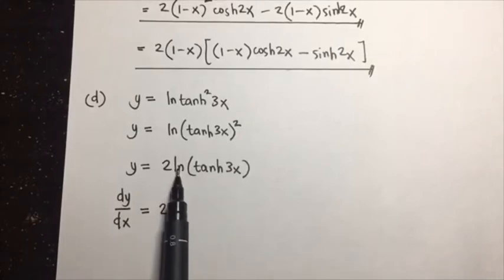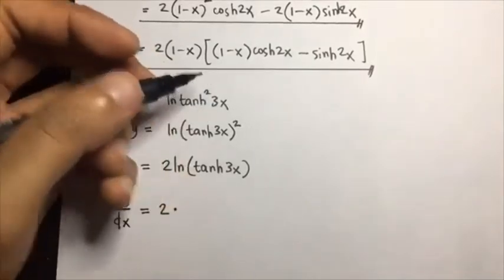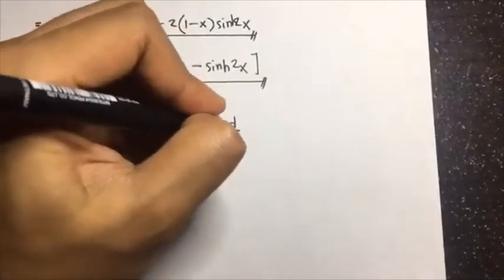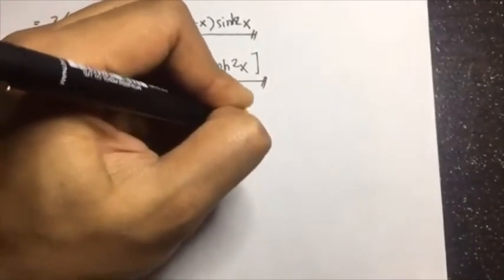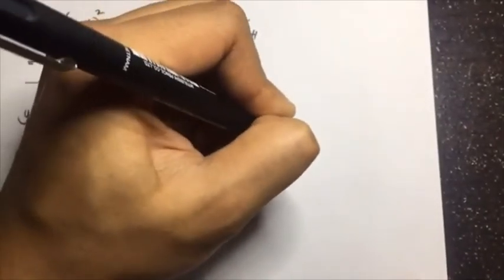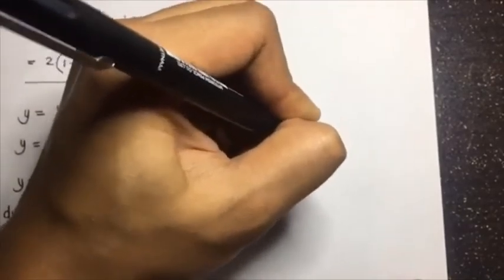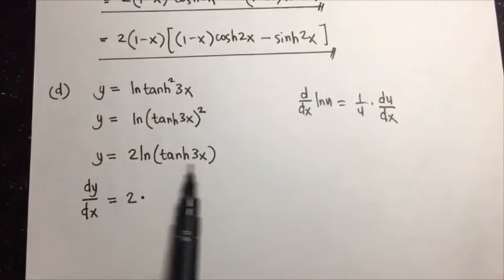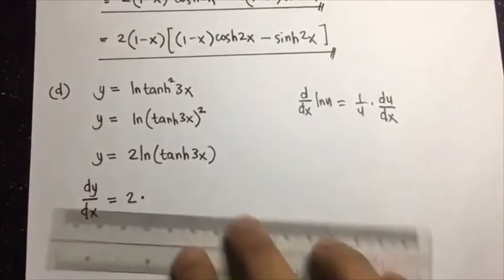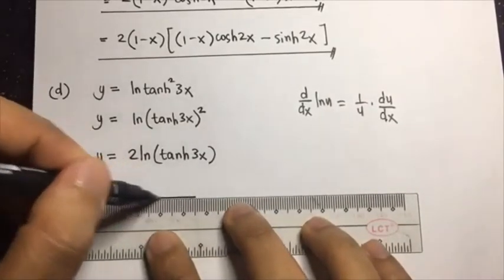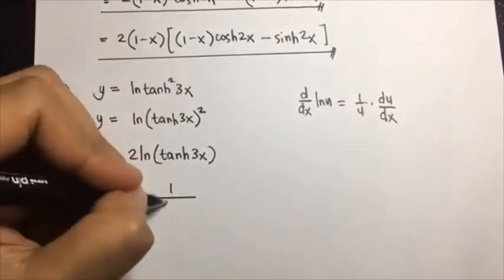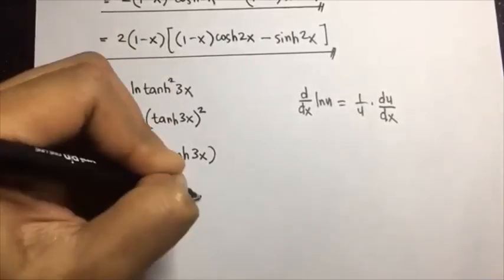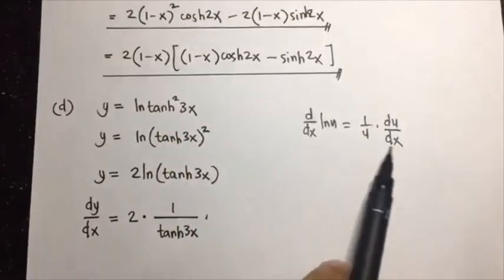Remember that the derivative with respect to x of ln of u is equal to 1 over u times du over dx. Our u here is the hyperbolic tangent of 3x. So this will become 1 over hyperbolic tangent of 3x multiplied by its derivative.